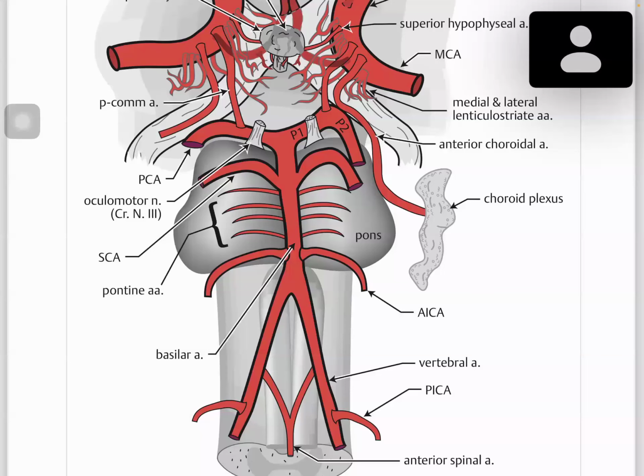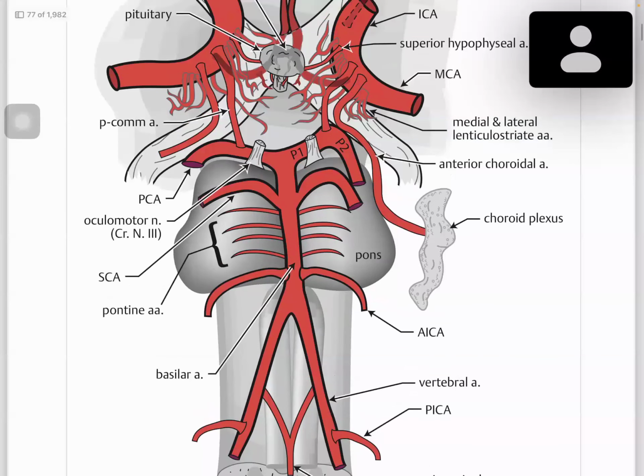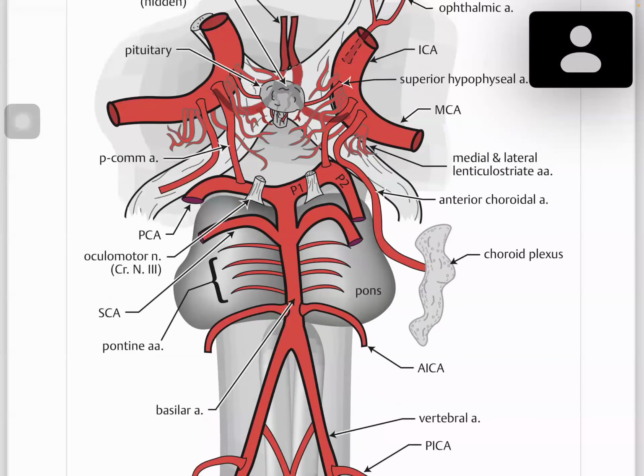It usually causes symptoms such as hemifacial spasm. Yes, exactly. Hemifacial spasms.